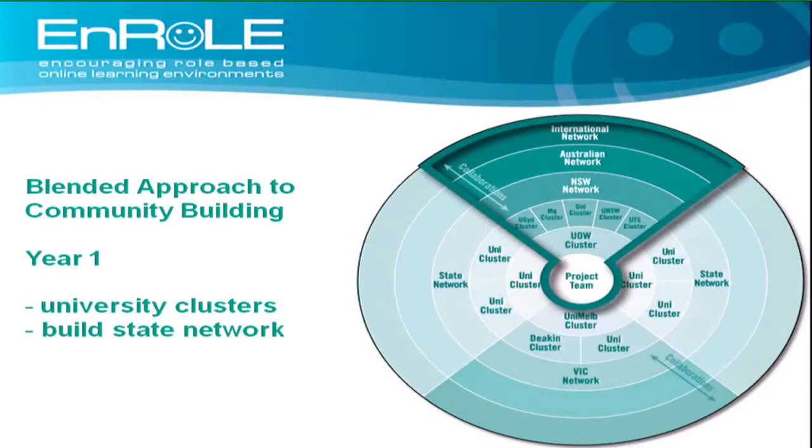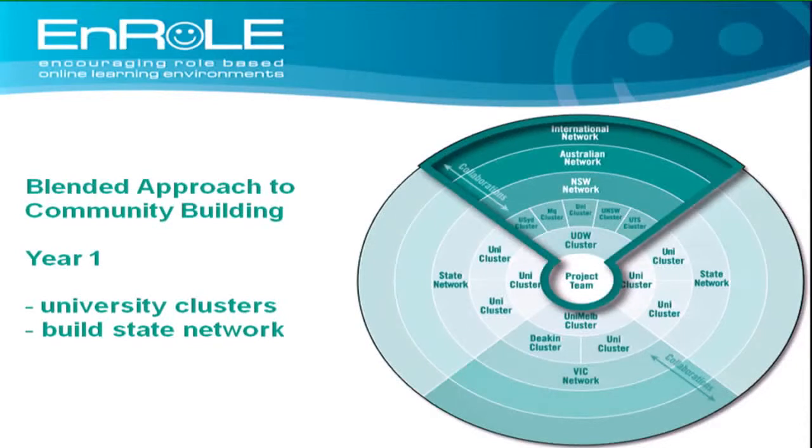In year one, starting with the project team, which was 5 universities, UOW is University of Wollongong, so we were the lead university. We worked with University of Technology Sydney, that's UTS, University of New South Wales, Macquarie University and the University of Sydney, and there was space for another one who in the end didn't join us.